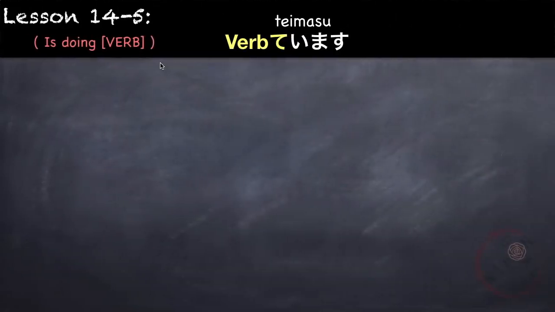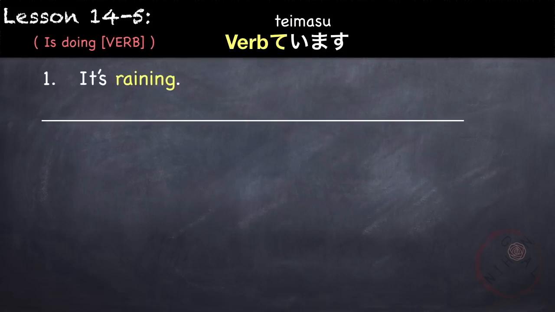Another use of verb te form is adding it to imasu, which becomes verb teimasu, meaning is doing verb. So this is to express a continuous or a progressive action, or an action that is happening at the moment. For example, it's raining.